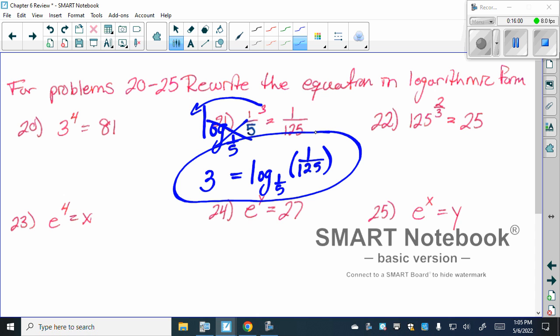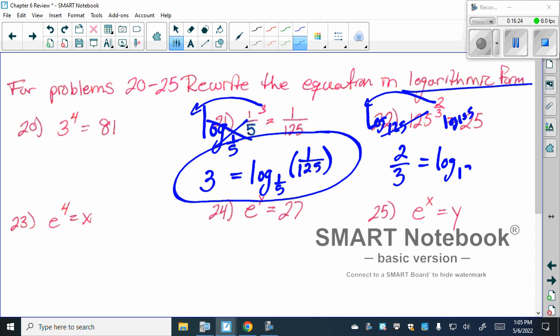Yeah, that's it. Yeah, because it wants us to rewrite each in logarithmic form. So right here you would do log base 125 of both sides. So the 2/3 would come out front. 2/3 equals log base of 125.